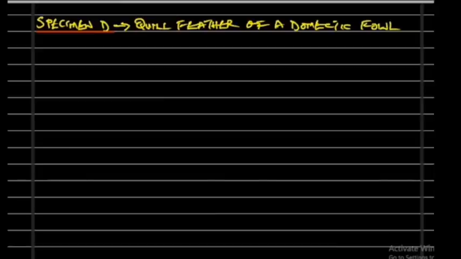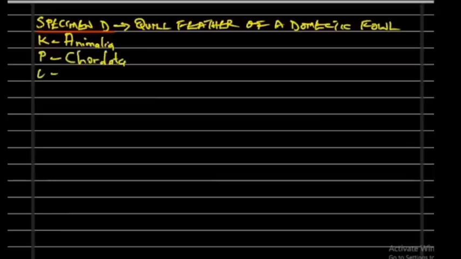When we look at the domestic fowl, this is how the classification goes. It belongs to the kingdom Animalia. The phylum is Chordata, because it is a chordate; it has a backbone. The class is Aves. The order is Galliformes. The family is Phasianidae.